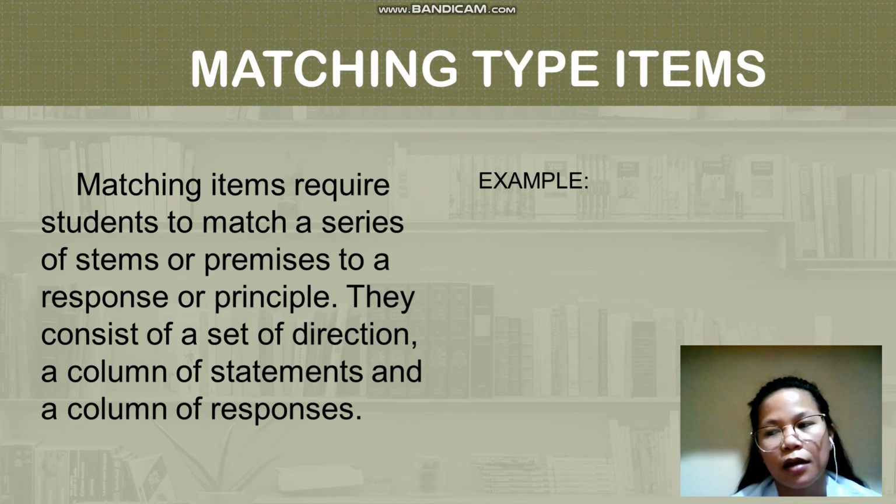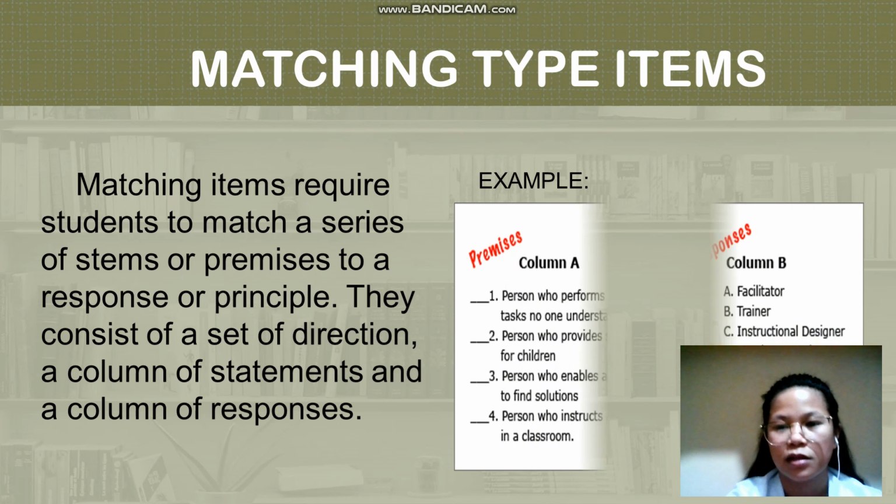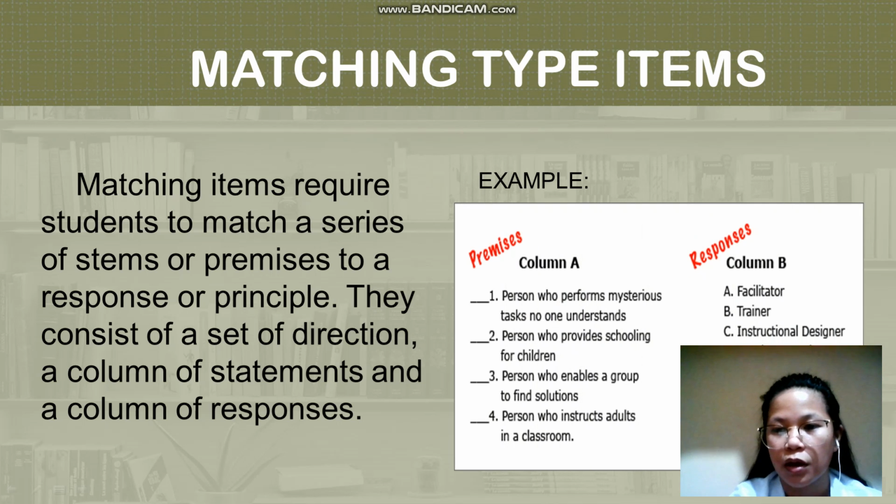All of us have experienced this kind of test since grade school. We like to draw a line between the questions and the answers, or maybe you can put the answer in the blank. This is the example.